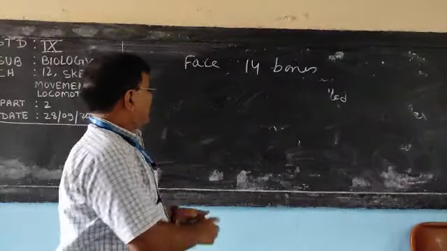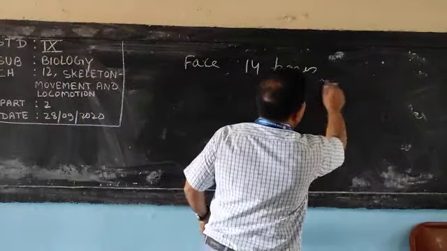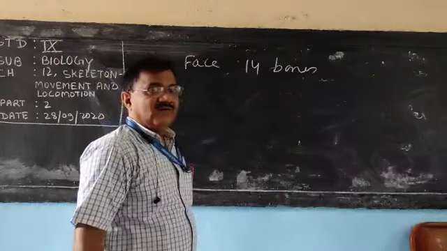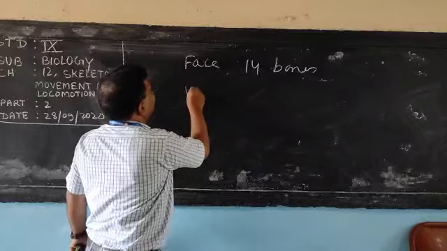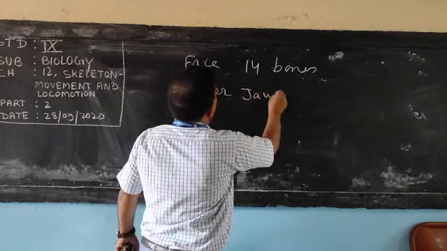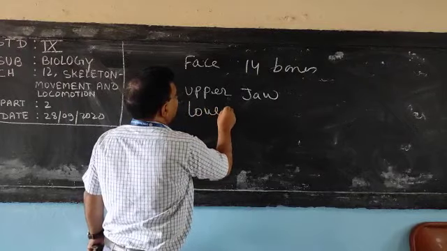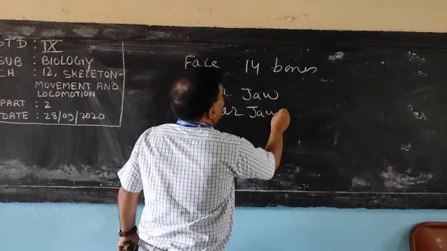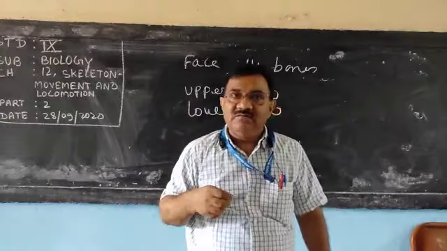Very important to know that out of these 14 bones, the upper and lower jaw are there. The lower jaw can be moved.